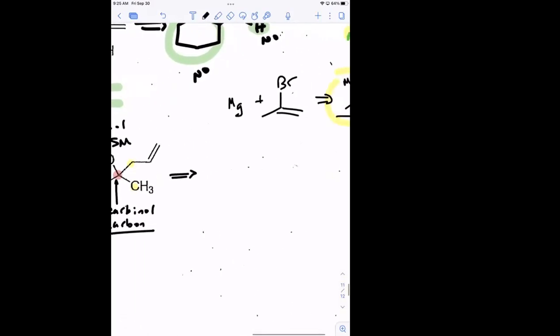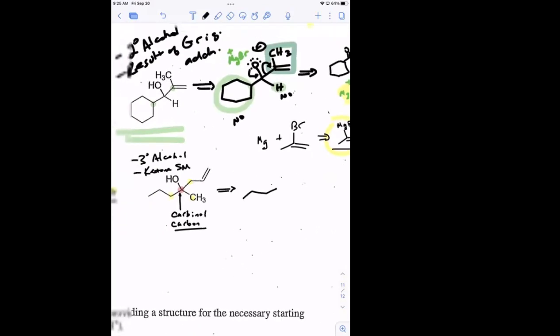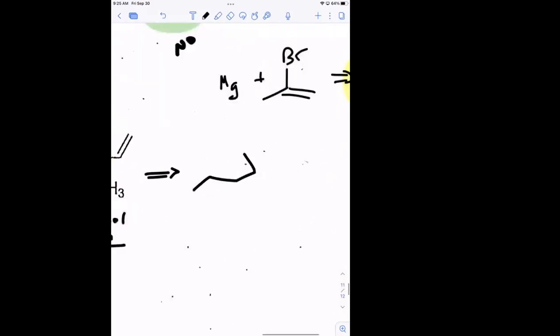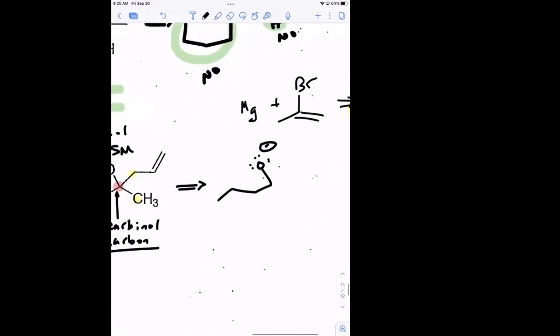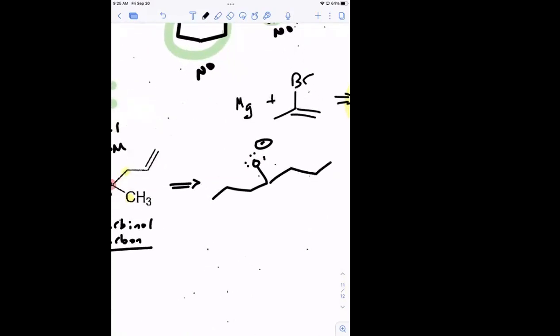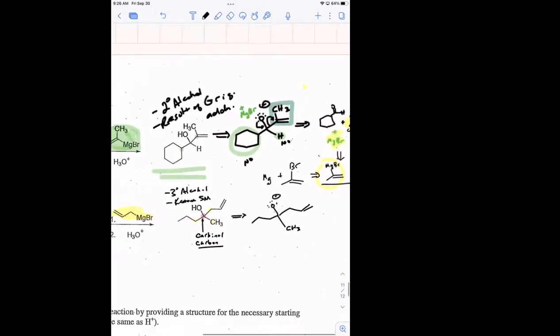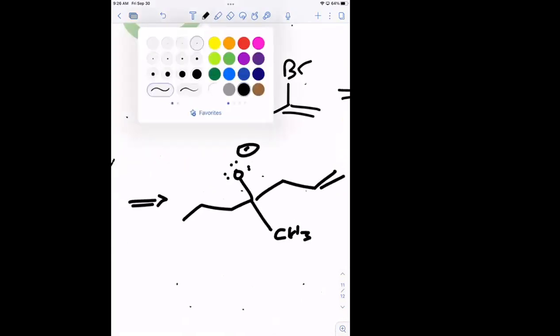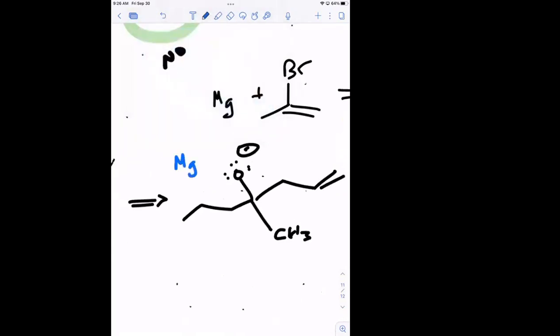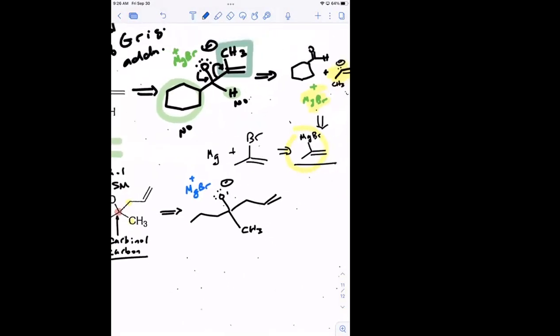And so I'm going to end up with the intermediate that looks like this. O, that's negative. And then I have this piece. And then this piece. And then it's MgBr again. So I'm going to put that out here and just let it hang. MgBr. Because remember, in the intermediate, the magnesium always ends up with oxygen because they form a salt.